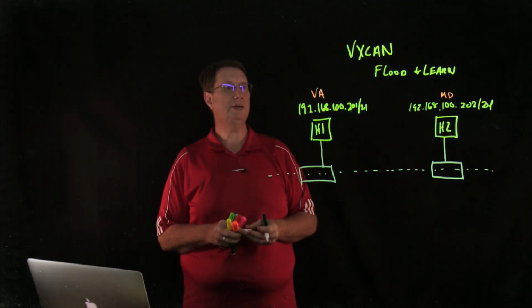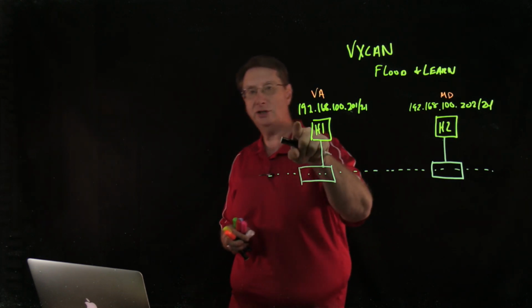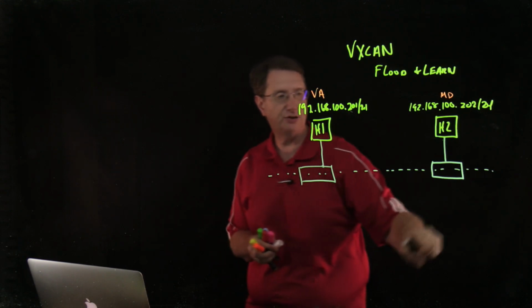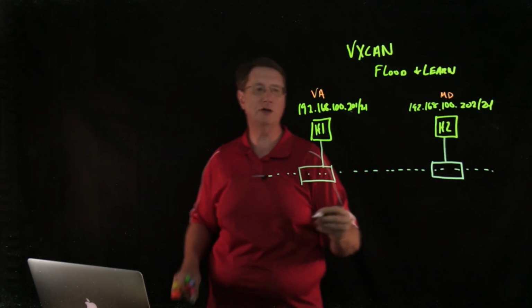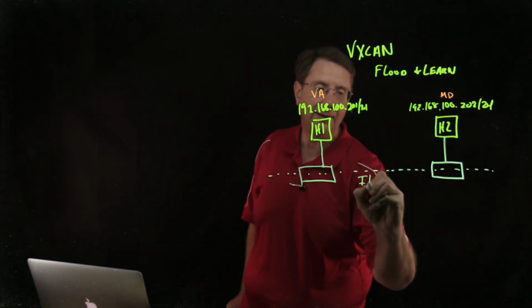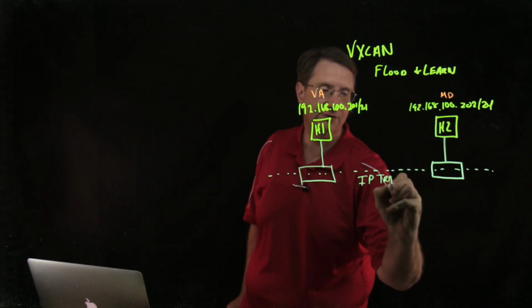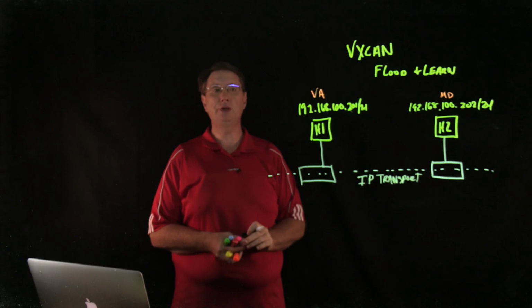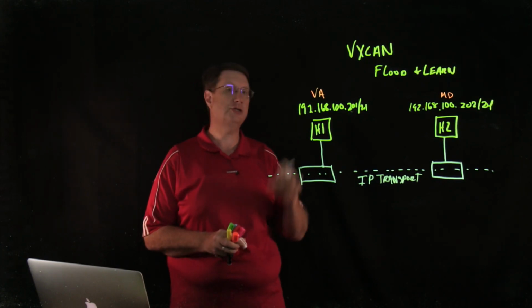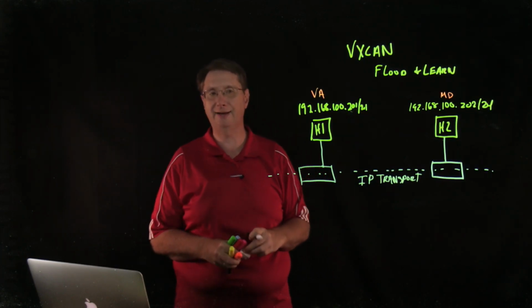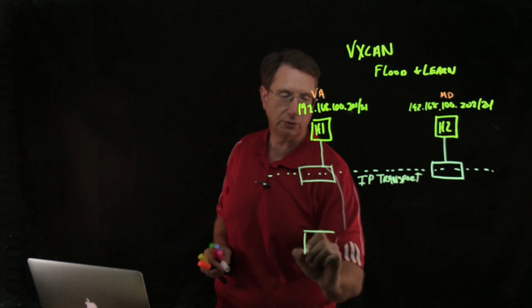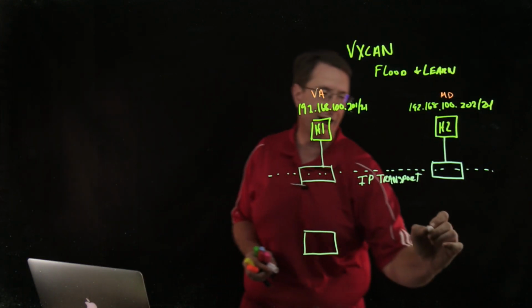This is going to allow me to take traffic from host 1 and encapsulate it in such a way that it can travel across the IP transport infrastructure that we're going to be building. And I'm going to accomplish this through the process of VXLAN encapsulation.